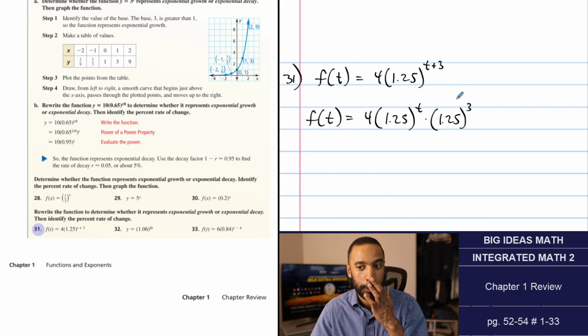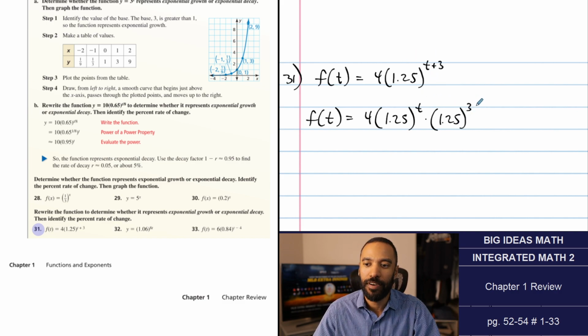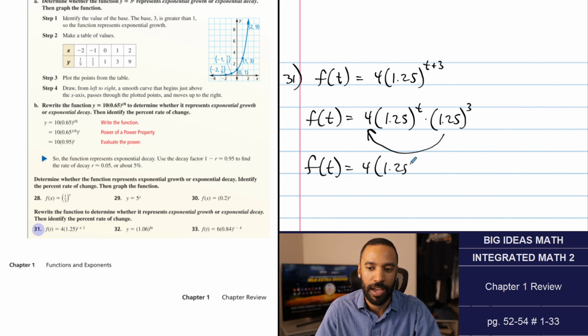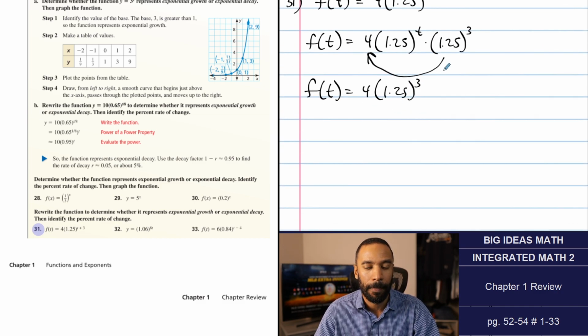That's what makes those two things add, the two exponents add there. But 1.25 to the third I can evaluate as an actual number, and I can even multiply it with the 4. So instead, I want to think of it more as 4 times 1.25 cubed. This will eventually become a single value. And then over here, I'm going to have 1.25 to the t, which honestly matters more.